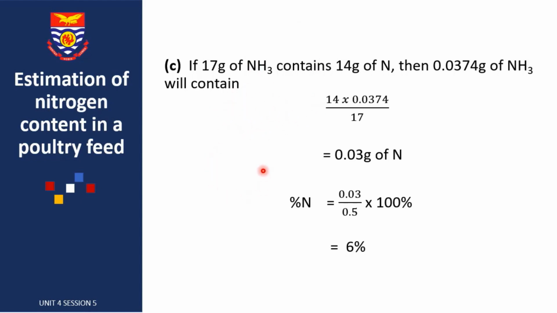Given that the total mass that was used was 0.5, then we can find the percentage by mass by dividing the mass of the nitrogen by the total mass and then multiply by 100. That gives us 6%. So this is the percentage by mass of nitrogen in the feed.